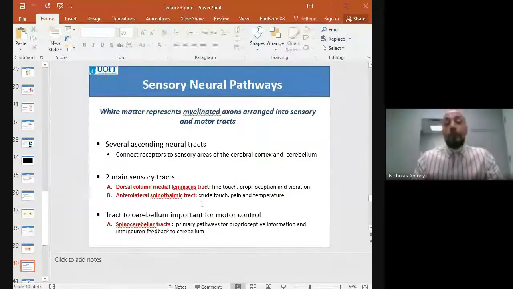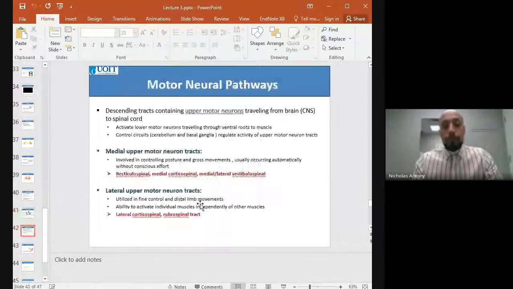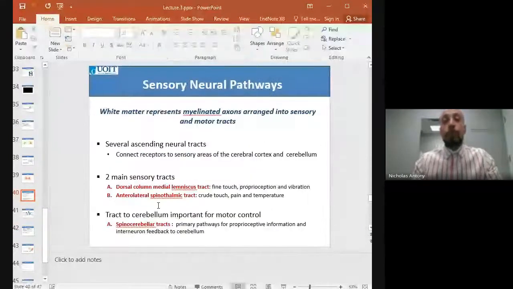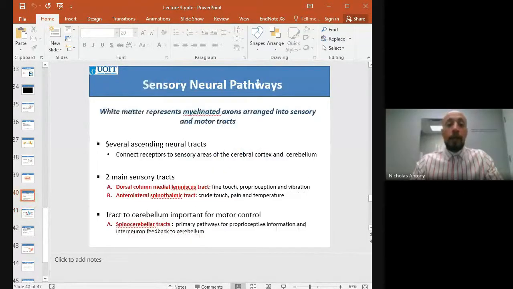These are all the different tracts. We had our sensory tracts, which were groupings of the types of sensory information. We had our dorsal column, which was fine touch, proprioception, and vibration. That would be sensory neurons coming up through the very dorsal back end. We had our spinothalamic tract that was for pain and temperature.